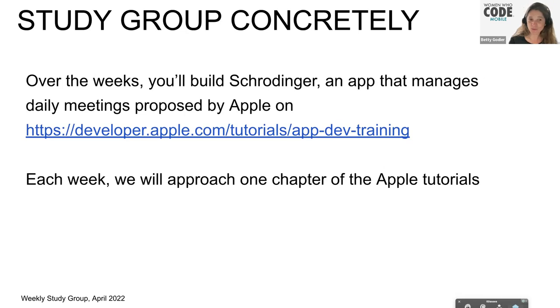So which app? It is called Scrumdinger, and this is an app that manages daily meetings. And as I mentioned just before, it's proposed by Apple. Why Apple? Why have we chosen this tutorial and not another? Because it's from Apple, and the Swift language is also Apple's, so we had to choose, and so we did this one.